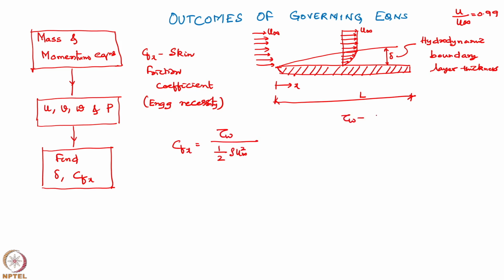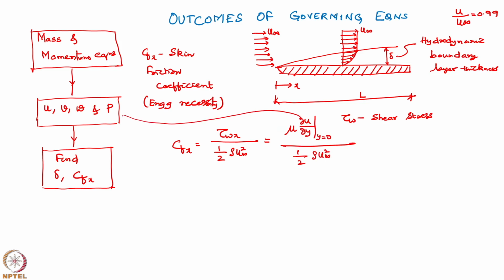Tau wall is the shear stress, which varies from location to location, u infinity is the free stream velocity and rho is the density. Okay. So, we know that. Now, how do I get tau wall from the velocity distribution? It is mu del u by del y at y equal to 0 for a flat plate, divided by half rho u infinity squared. So, using this velocity distribution, I can find del u by del y and get Cfx.